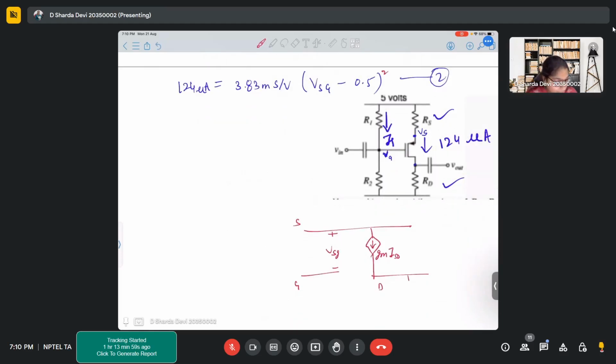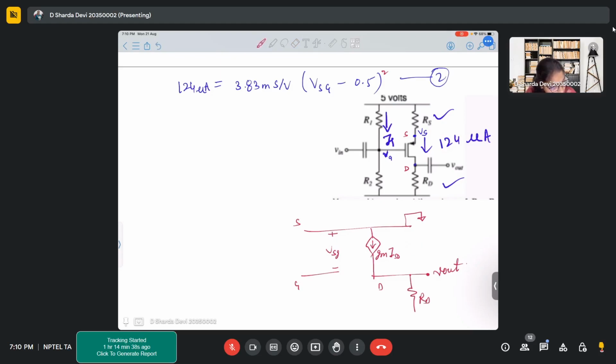So we don't see any small rds. Here RD is grounded, so we can directly compute it as RD. Between source and drain there is another resistor, and this is Vout. This is not between source and ground.